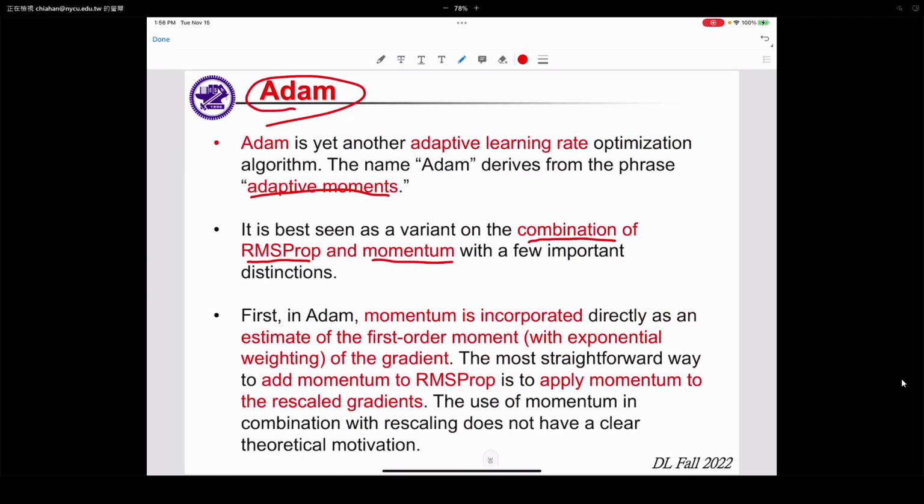Okay, so in Adam, the momentum, let's read this first. Momentum is incorporated directly as an estimate of the first order moment with the exponential weighting of the gradient. So we can add momentum to the rescaled gradient.